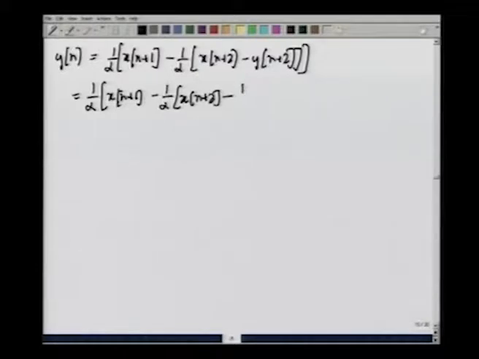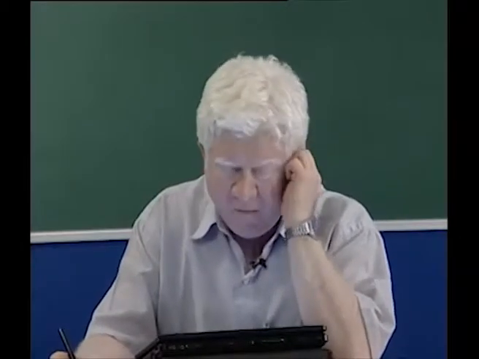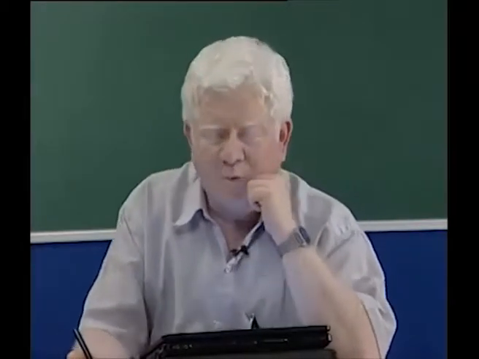It will be equal to 1 by alpha, open brackets, x n plus 3 minus y n plus 3. Right. So, this is what it looks like. You could keep doing this until eternity if you wanted, but already the pattern has begun to emerge.